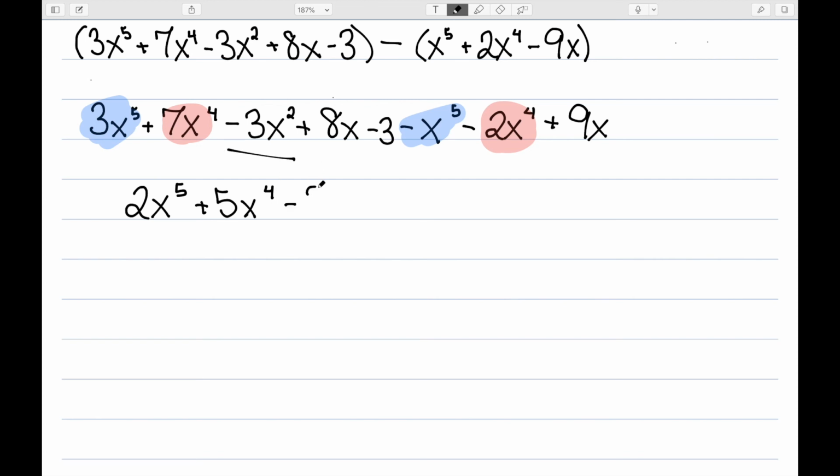This minus 3x squared term doesn't combine with anything. And then I have an 8x plus 9x. We know that 8 plus 9 is 17. So that's a plus 17x. And then minus 3 that doesn't combine with anything.